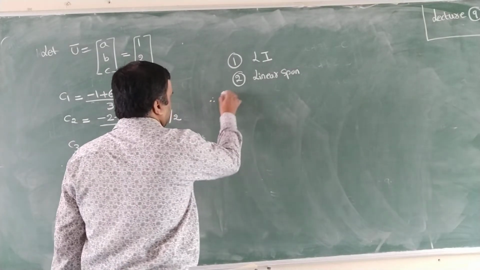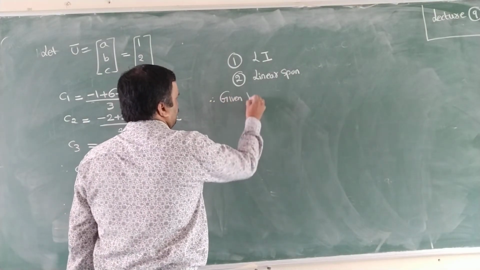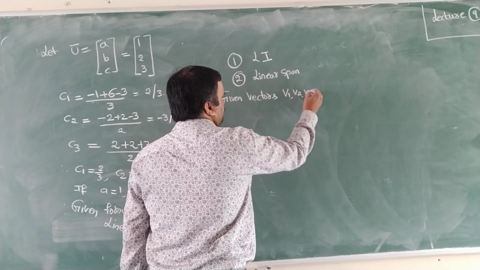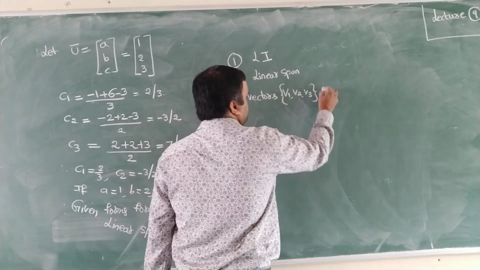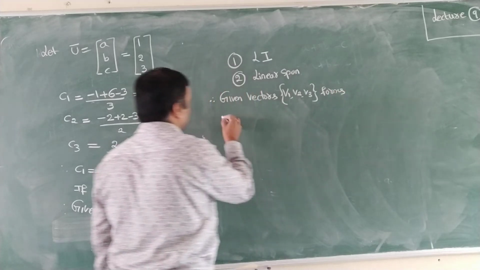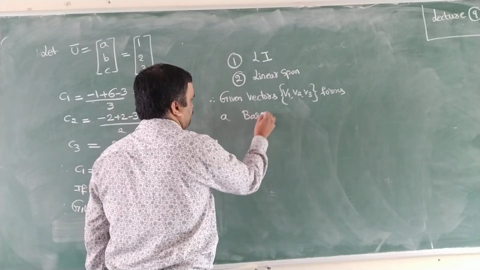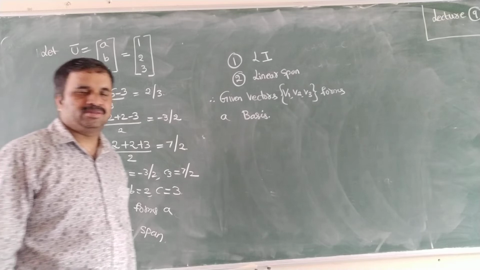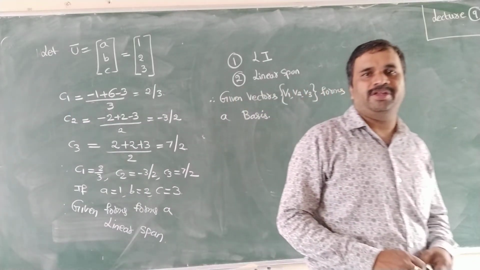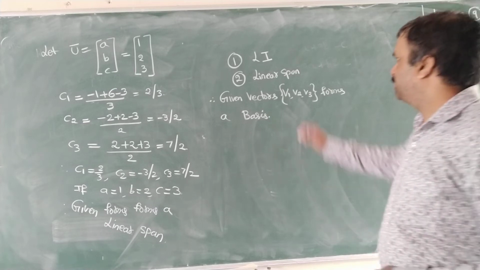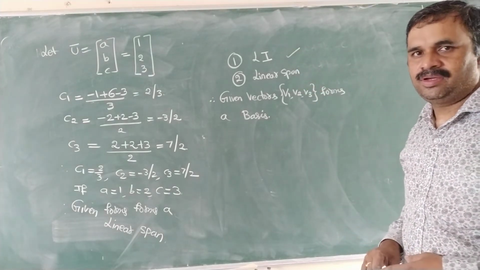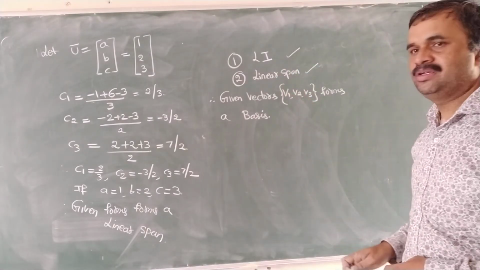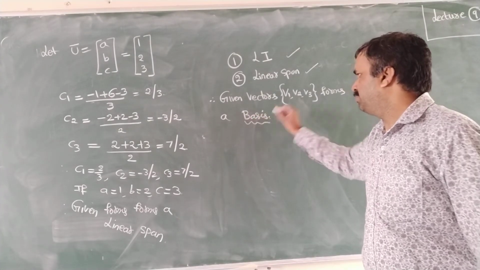Therefore, the given vectors V1, V2, V3 form a basis. If any problem asks to verify basis or not, simply verify linearly independent or not, and one more, linear span. If the two conditions are satisfied, we can say the given vectors form a basis.